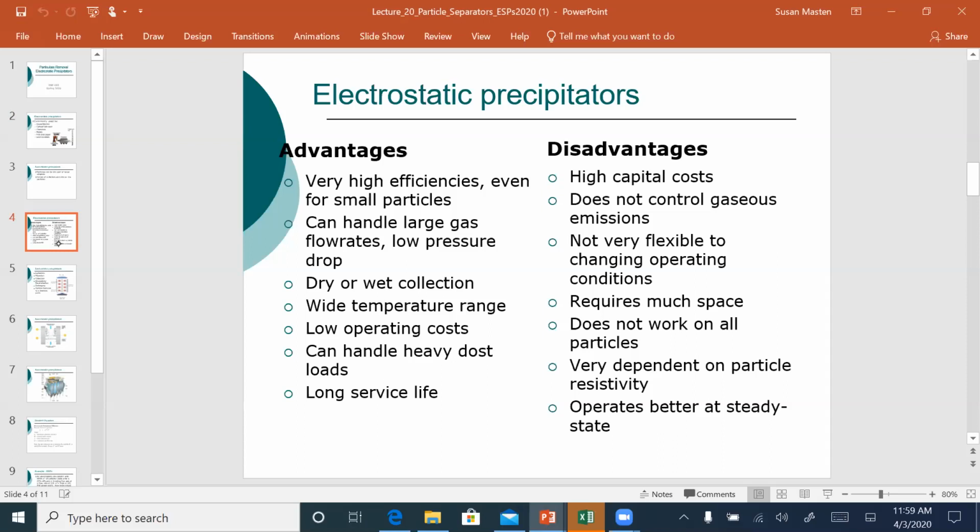As I mentioned previously, they can be used for both dry dust or wet collection, so for fumes and mist that contain water. They operate over a very wide temperature range. They also have very low operating costs, except at very high efficiencies. They can handle heavy dust load.